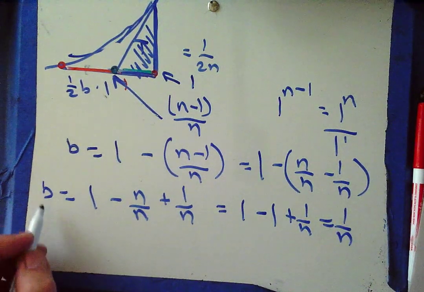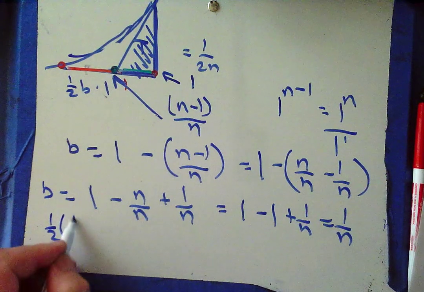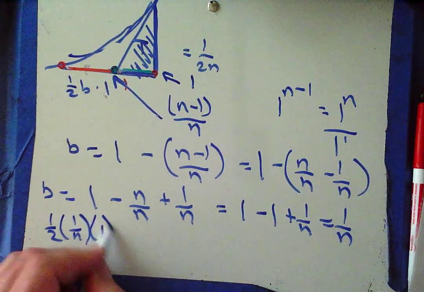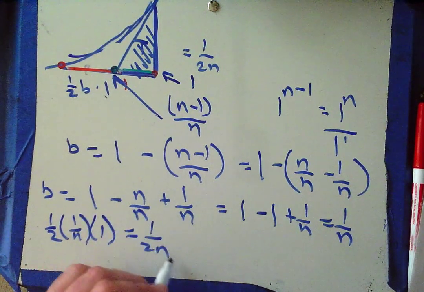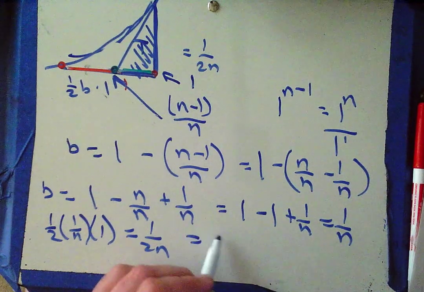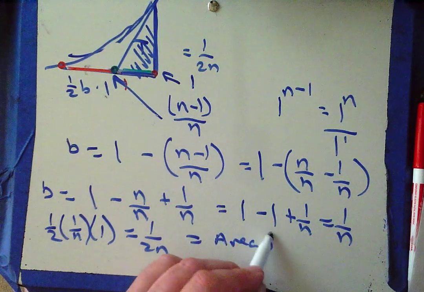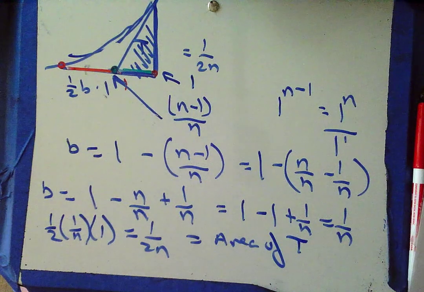So base is 1 over n, so we've got 1/2 times 1 over n times 1, or 1 over 2n. That's the area of T.